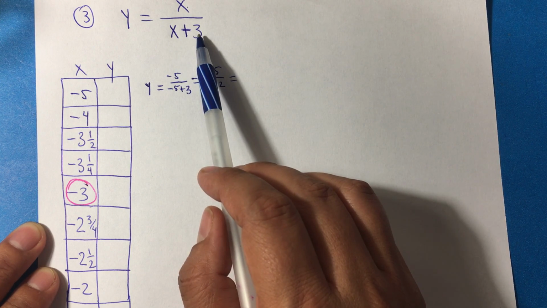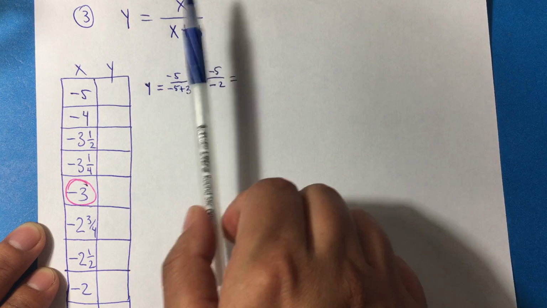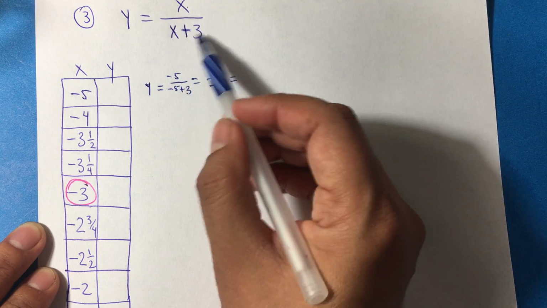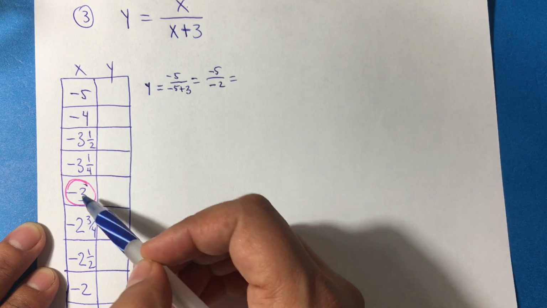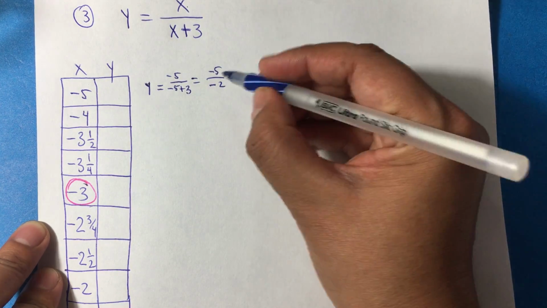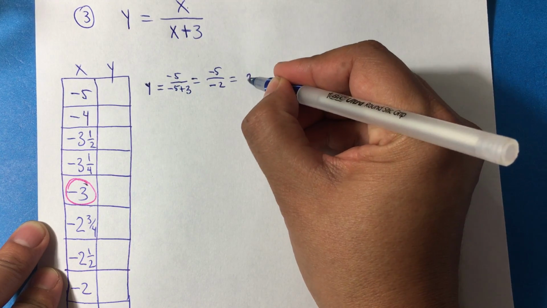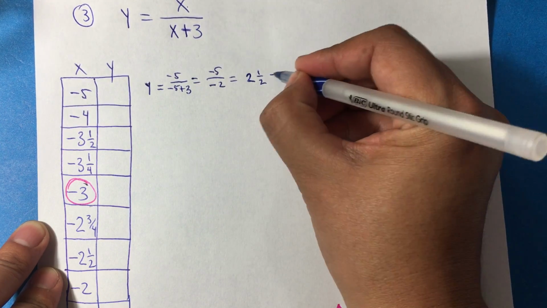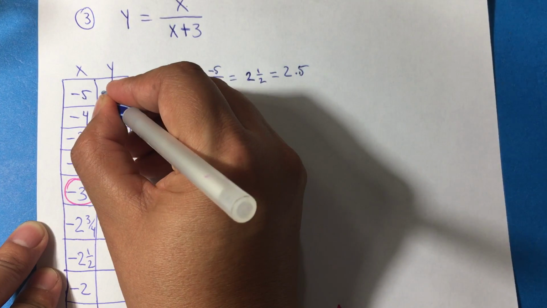It's the vertical asymptote, which is where on x will it be that vertical asymptote, by solving this for x. So x plus 3 equals 0, subtract 3, and that's my value right there. So -5 divided by -2 is negative divided by negative becomes positive, and 5 divided by 2 is 2.5 or 5/2. Okay, whichever you prefer to use.